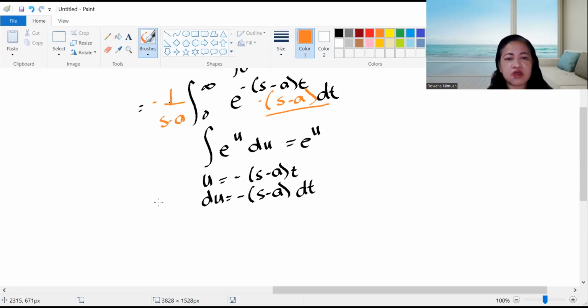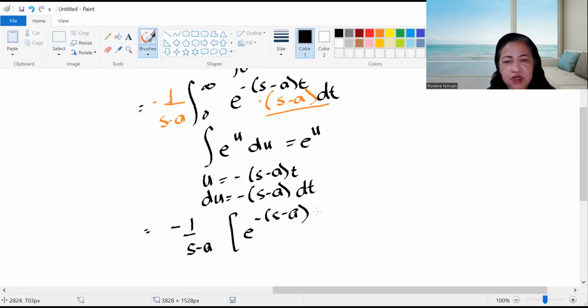Now the integral is already complete. So you can have 1 over (s minus a) times e to the negative (s minus a)t from 0 to infinity.